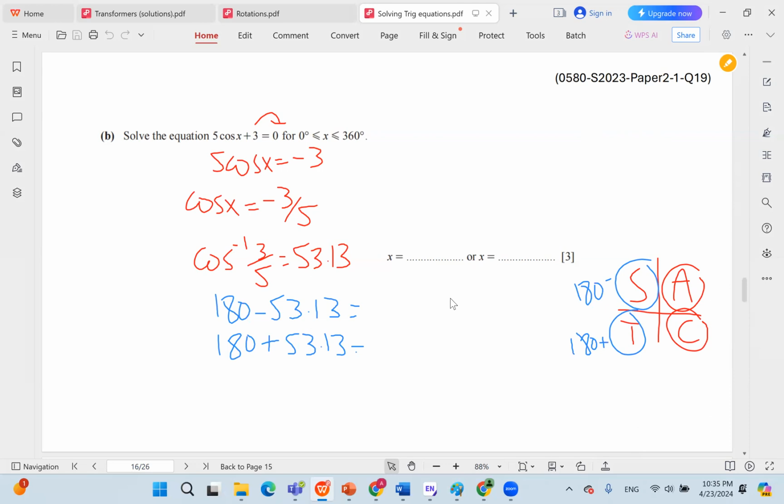180 minus 53.13 gives us 126.87. And 180 plus 53.13 gives us 233.13.